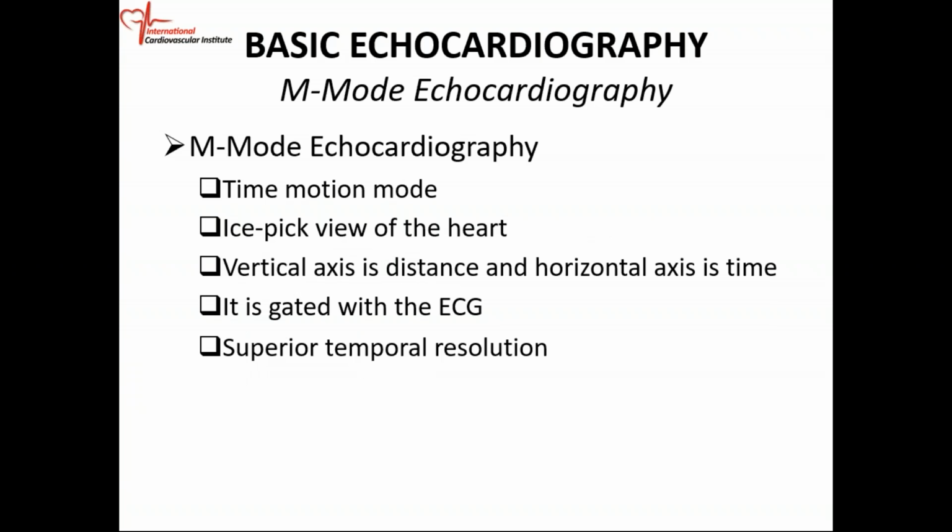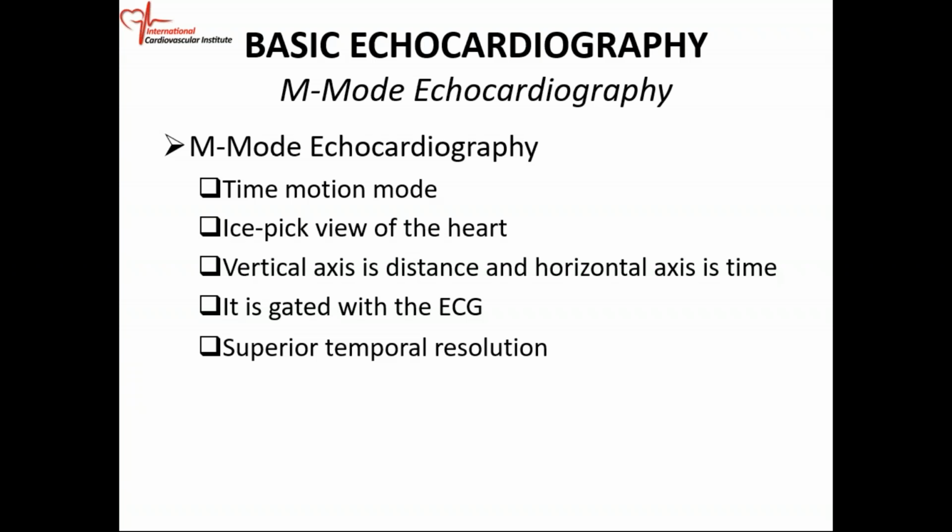So again, when we talk about M mode, it's a time motion mode, and you'll see that on the vertical axis you have distance or displacement, and on the horizontal axis you have time. It was initially thought of as the ice pick view of the heart, and that is how it got started.